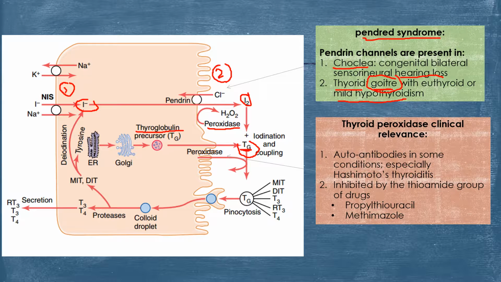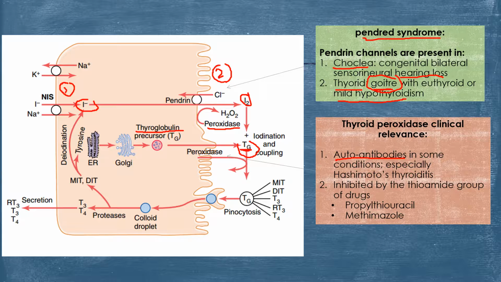actually there is a clinical relevance here. In some autoimmune diseases like Hashimoto's thyroiditis, there will be autoantibodies against these peroxidases.